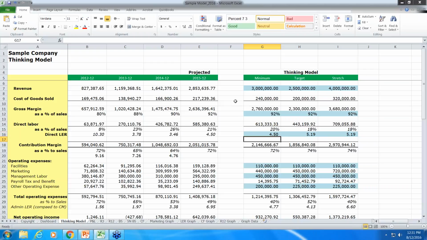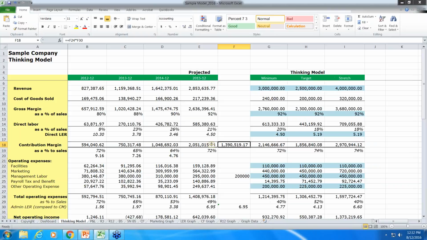And so if you look and we start projecting the numbers, you can see that if we want to add $200,000 and stay at the same profit level, we need a 6.95. Well, that tells me that I've got to have this much contribution margin ultimately to make that higher.